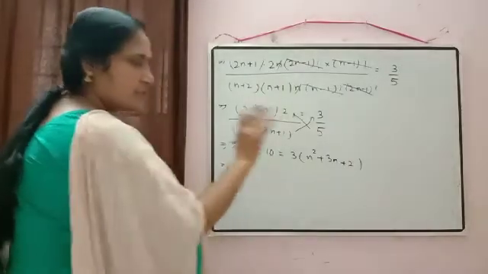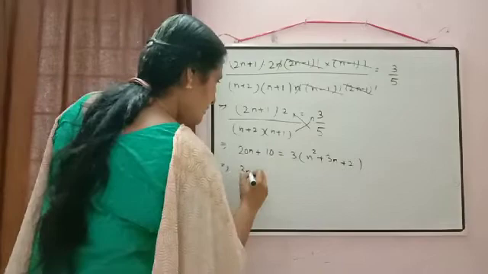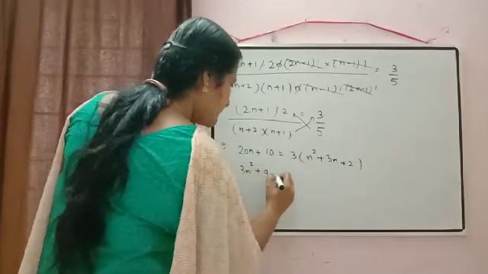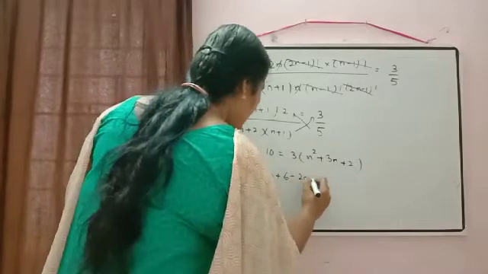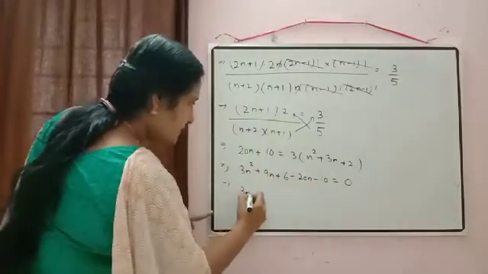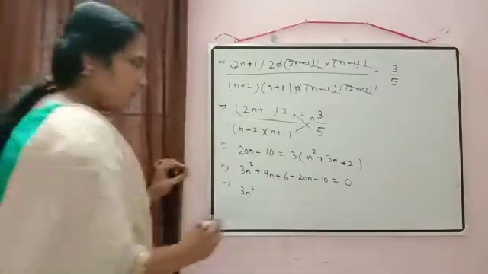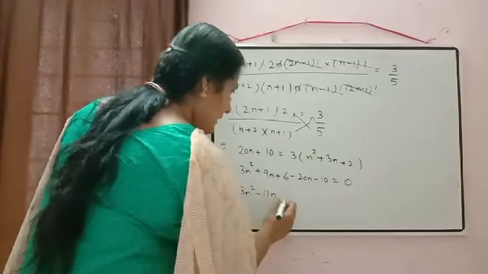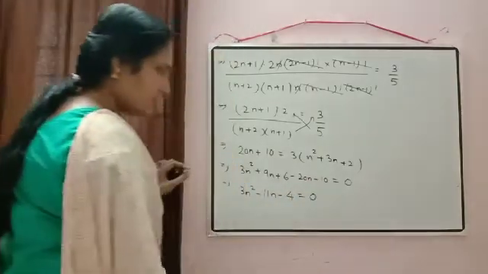Now we can shift this expression to the right hand side, and I am multiplying this by 3 also. So 3n square plus 9n plus 6 minus 20n minus 10 is equal to 0. So 3n square, 9n minus 20 will be equal to minus 11n, 6 minus 10 will be equal to minus 4, is equal to 0.